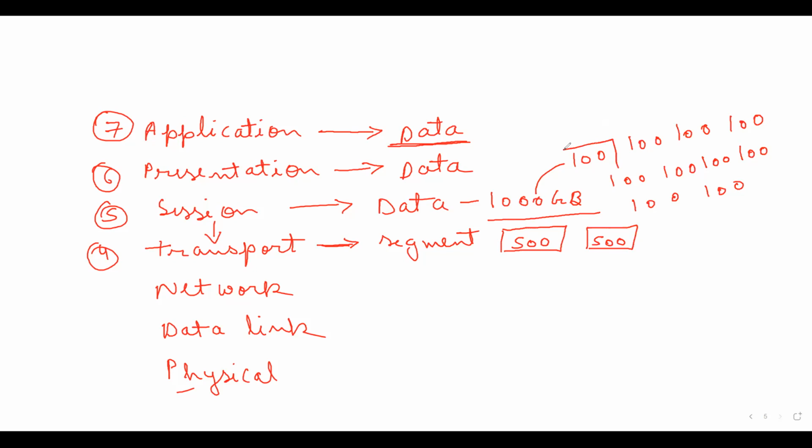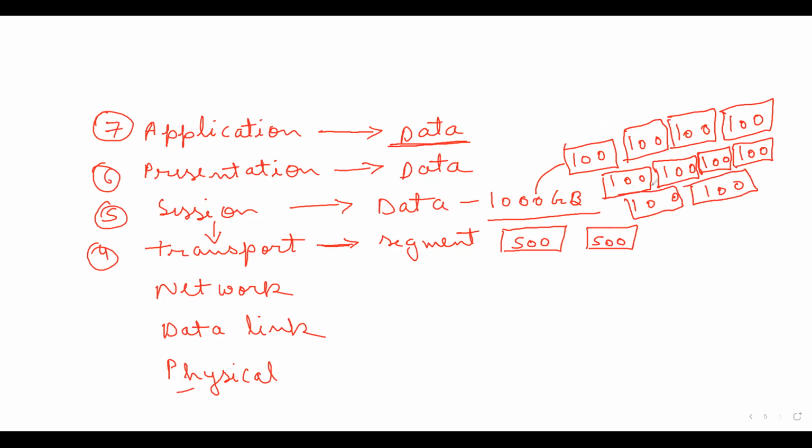That means it is divided into 100 MB pieces. That is the work of the transport layer: to divide the data into segments. It can be 500 GB, 500 GB, or it can be 100 MB, 100 MB. It depends on your capacity.